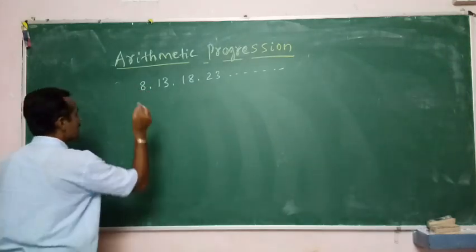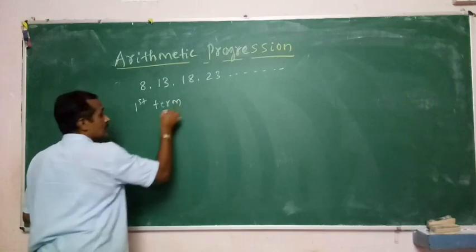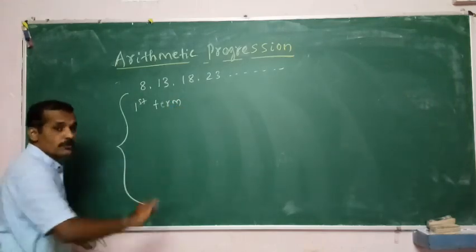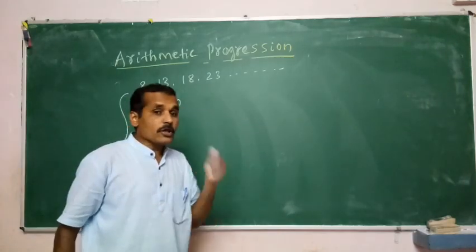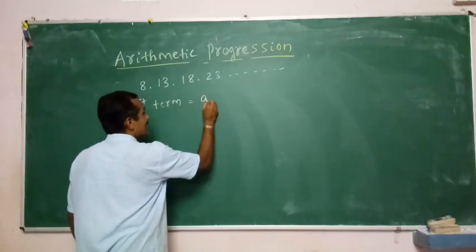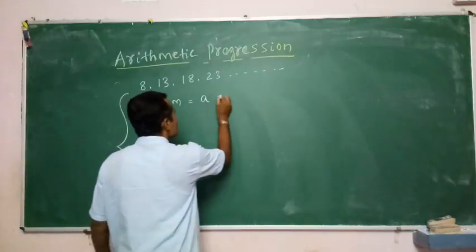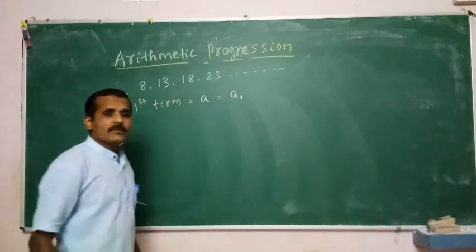Okay, I will write like this. First term. This is a very, very important part for you in order to solve the problem. First term, I will call it A. I can also call it A1.